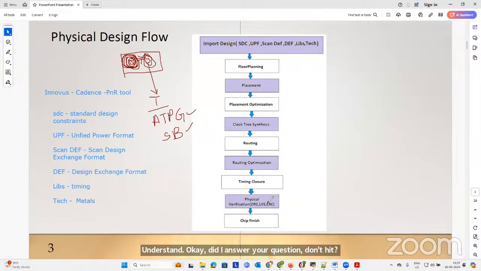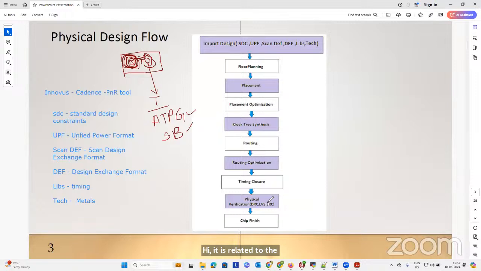Okay, sir. Next, Bhuvneshwari. Sir, does the scan-DEF file do verification in the chip? No. The scan-DEF file is nothing but it has some libraries which are related to scan cells. See, we have .lib files. The .lib files have Verilog model files and are related to the standard cell libraries.